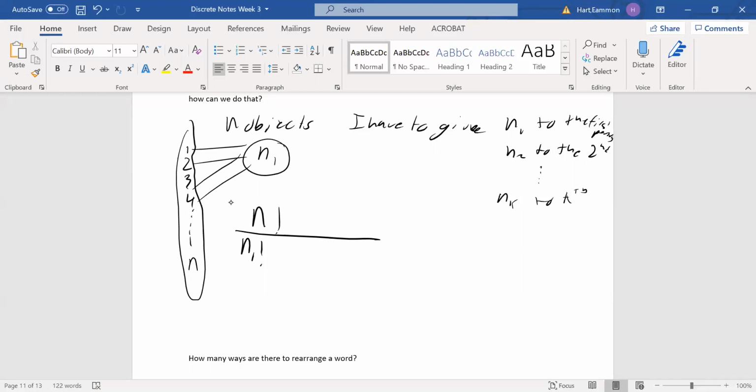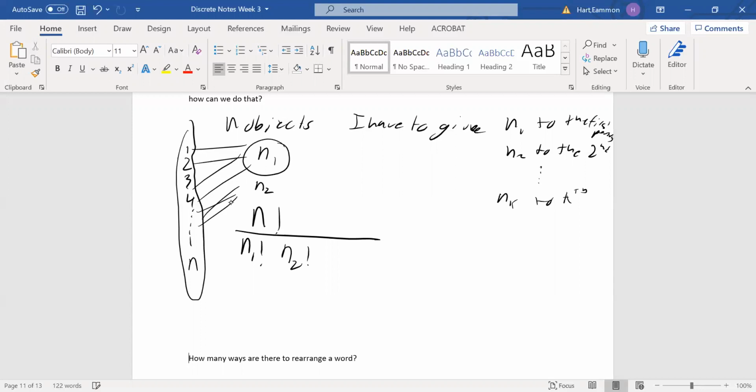So basically, I'm looking at this whole list, but I care what elements, what objects are in my first n1, but I don't actually care about the order within that. So I can divide by n1 factorial there. Same thing here. There's n2 objects going to my second person, but he doesn't care about what order he gets them in.